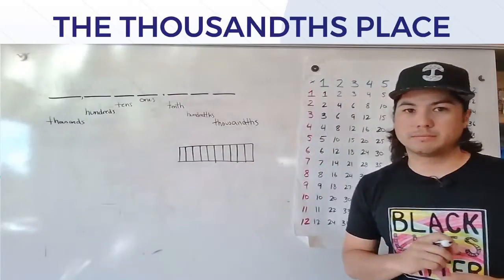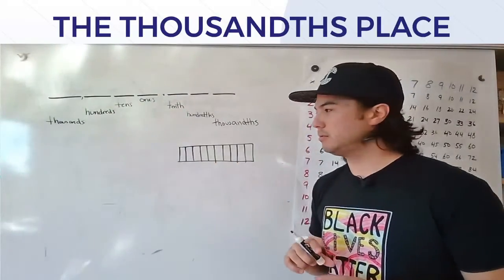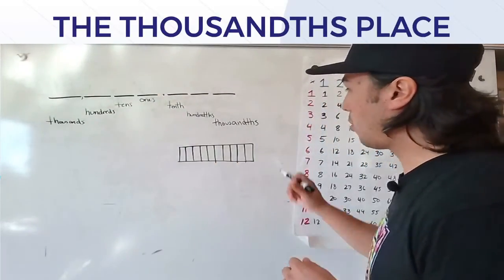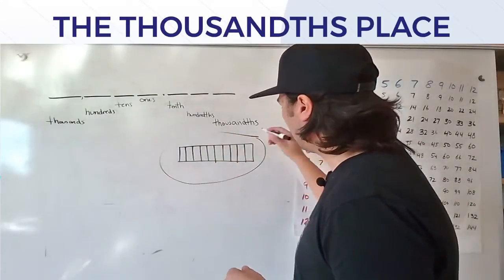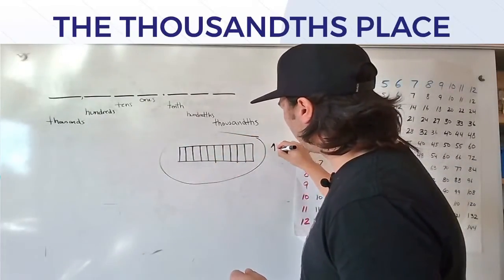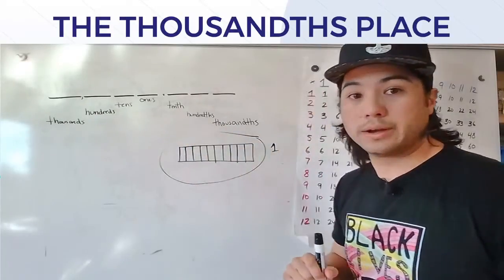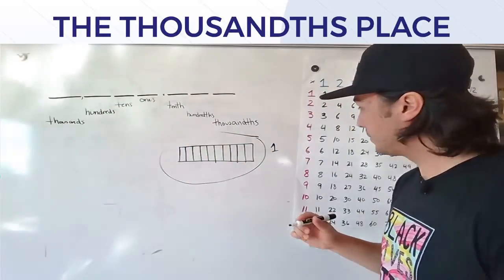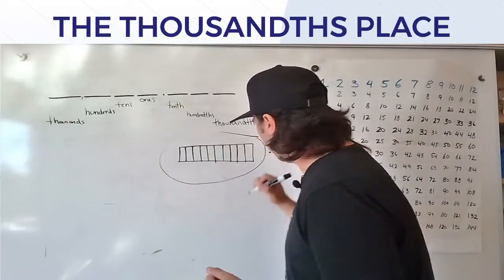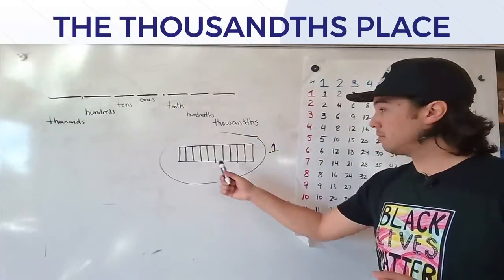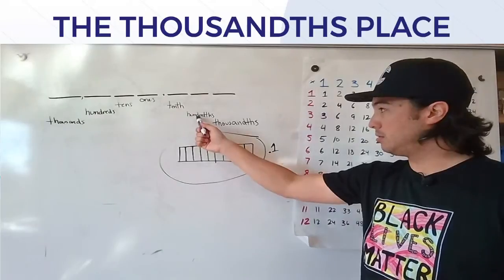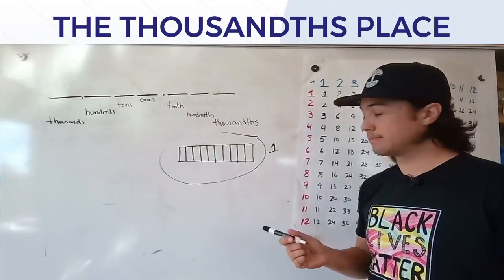10 equal-ish, in this case, pieces. So if this whole thing equals 1, each of these pieces is going to equal 1 tenth. If this whole thing equals 1 tenth, each piece is going to equal 1 hundredth.